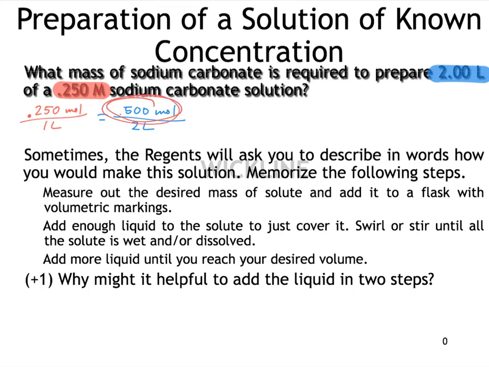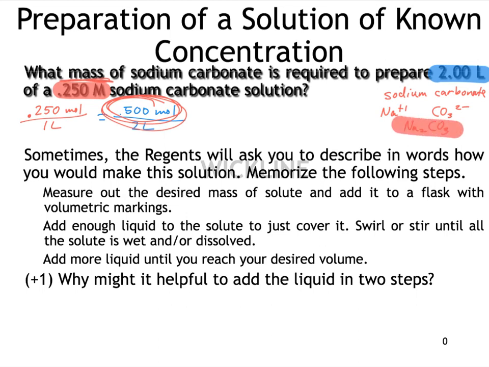But the question asks what is the mass that I need, so let me convert this number of moles into a mass. I'm going to need a gram formula mass. Check this out. Sodium carbonate is made from 2 ions, the sodium ion and the carbonate ion. And the carbonate ion has a -2 charge, so I'm going to need 2 sodium ions to neutralize 1 carbonate. Hence the formula Na2CO3.